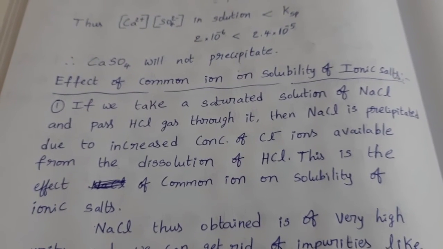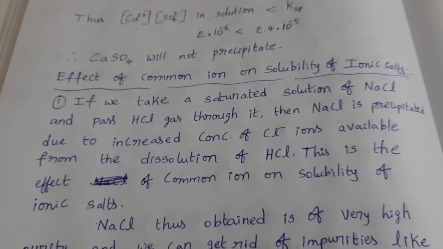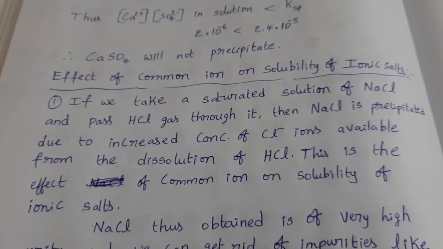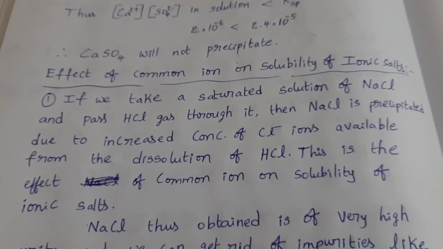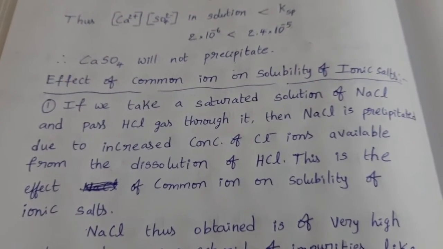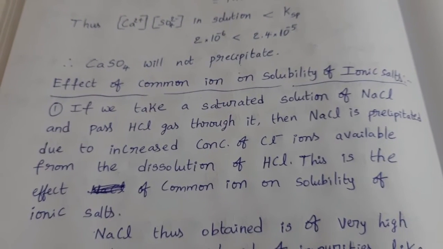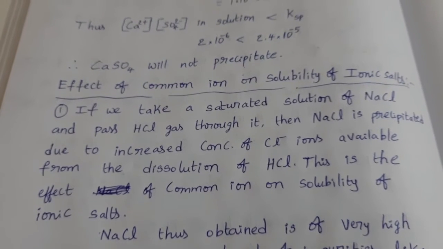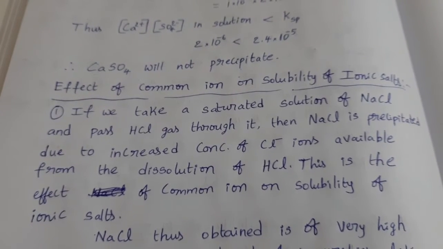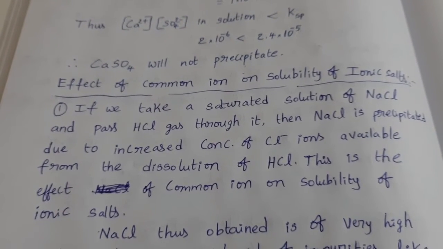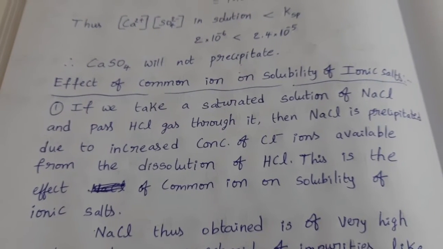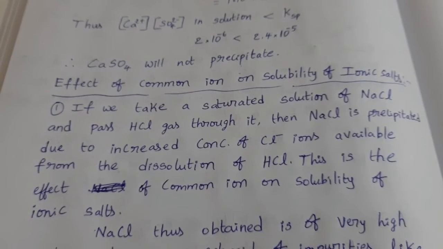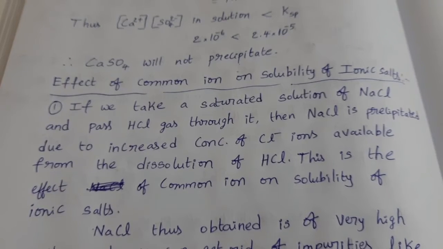Due to this more availability of Cl- ion, the ionization of NaCl is decreased. So due to the common ion effect, the ionization or dissolution of NaCl is decreased. This is called effect of common ion on solubility of ionic salts.